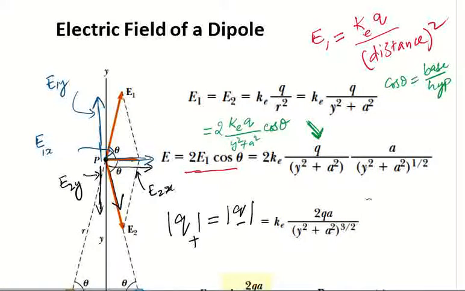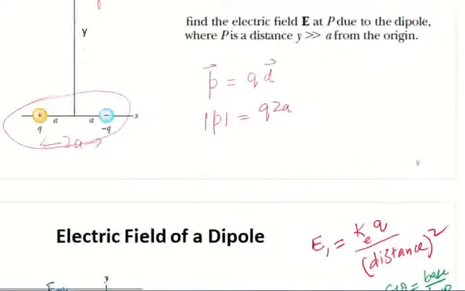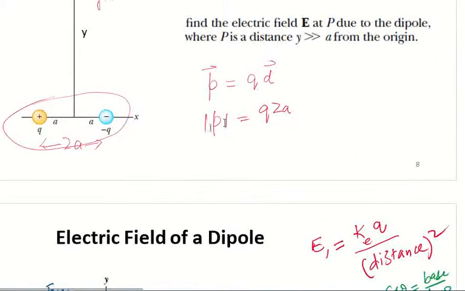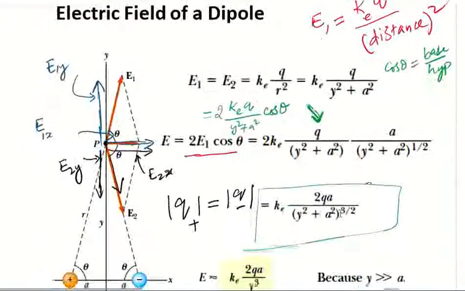So now we have a final formula for our electric field due to a dipole, that is given by this here. And now if you go back to the definition of the dipole moment, the magnitude of the dipole moment is 2 times qa, or q times 2a, however you read it, and we put it back here.